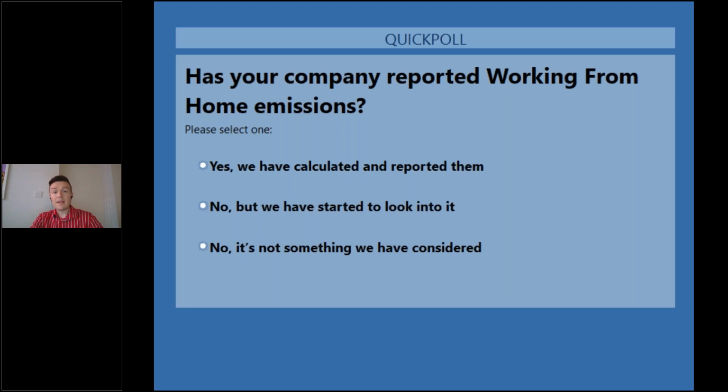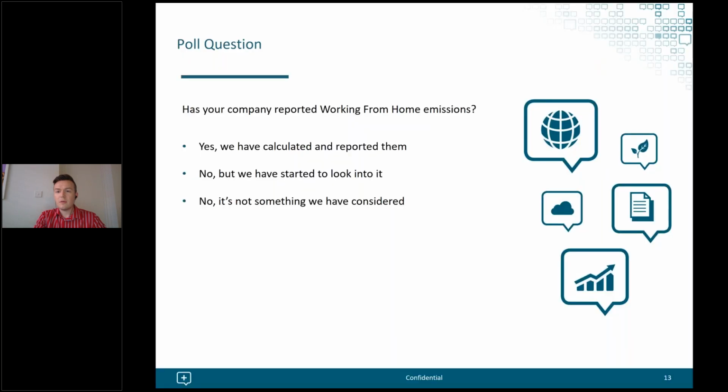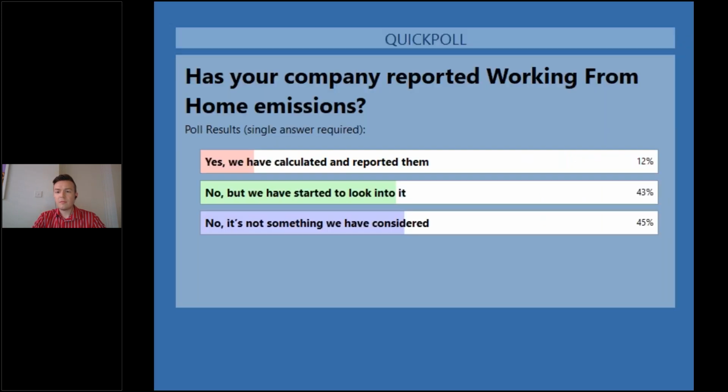There's options here for yes, we've calculated and reported them. No, but we've started to look into it. Or no, it's not something we have considered. So I'll just give everybody a few seconds to respond to the poll. And then hopefully we should now see those results.